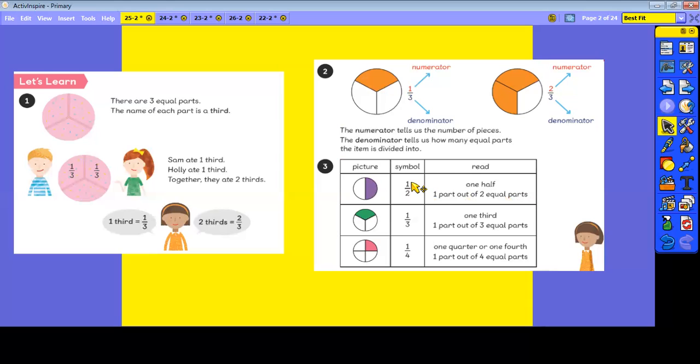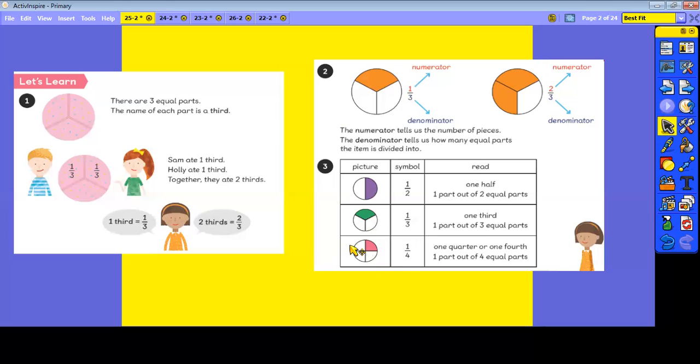So the numerator is 1 and the denominator is 2. Here, the circle is divided up into thirds, and the symbol representing a third using numbers, 1/3, looks like this. And so 1 part out of 3 equal parts has been shaded. Our numerator is 1 and our denominator is 3.